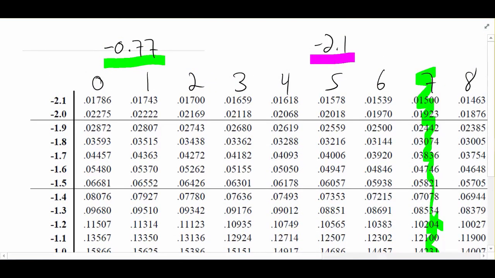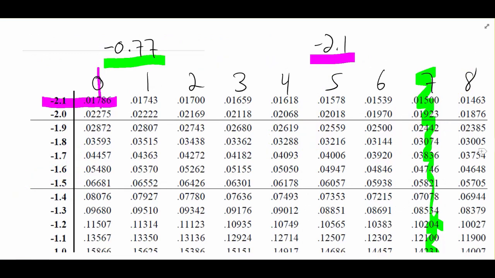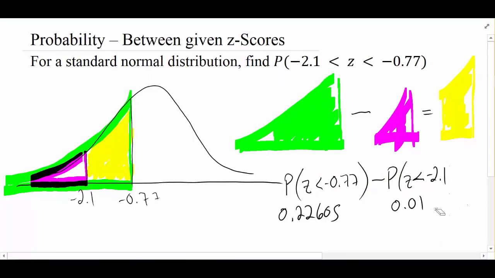And then we're going to look at the purple here, the negative 2.1. That's pretty easy. That meets right here. That's 0.01786. Let's make sure I jot down those numbers right. 0.01786. There we go.